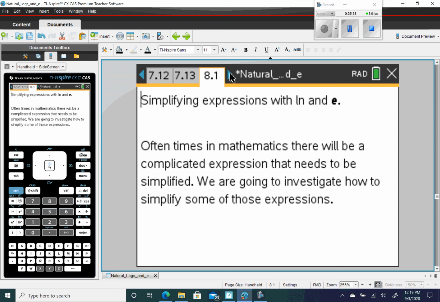All right, then our last two problems will focus on this. We want to simplify expressions with the natural log and e. So pay close attention to this. We're going to spend a lot more time going over problems like these two.